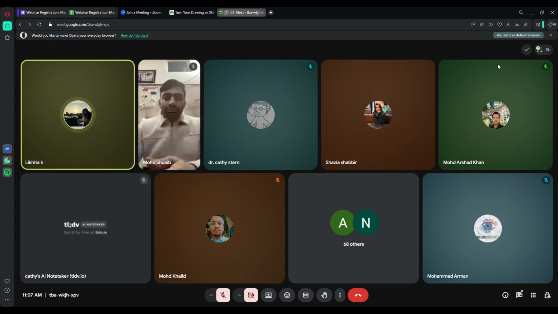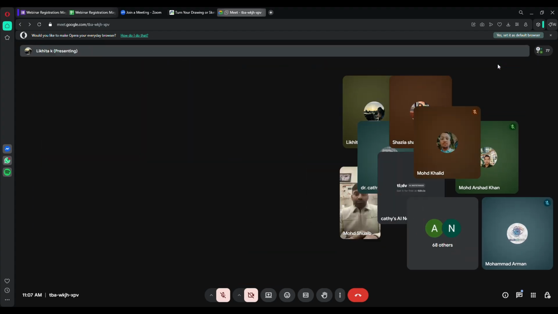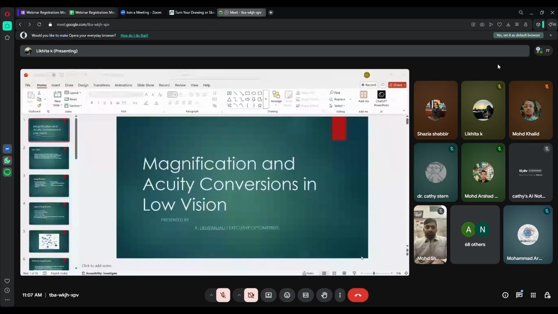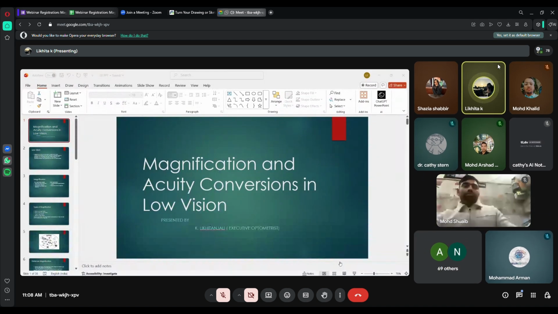Give me a moment. So, is my screen visible to everyone? Yes, ma'am. Okay, so today's topic is magnification and acuity conversions in low vision.